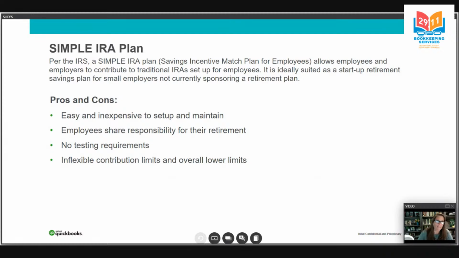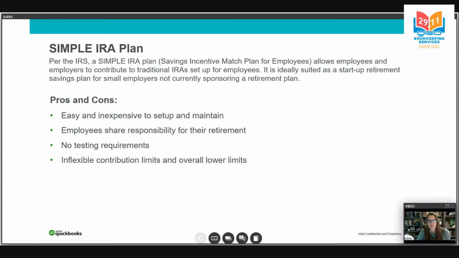We have a simple IRA. This allows employees and employers to contribute to traditional IRAs set up for employees. It's ideally suited as a startup retirement saving plan for small employers that don't currently sponsor a retirement plan. Again, pros and cons of these.